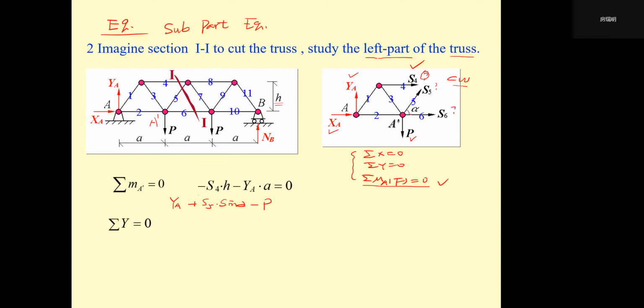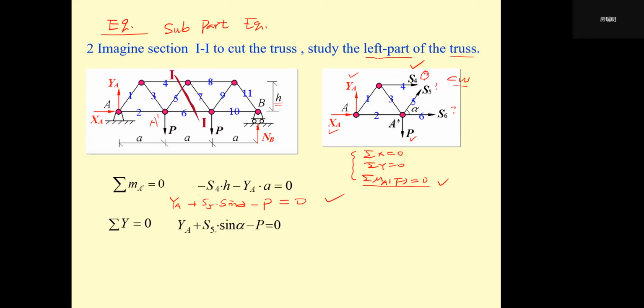S6 is along the horizontal line, so we do not need to consider it. So we can verify: YA plus S5 times sine alpha minus P equals 0. See, our equation is correct.